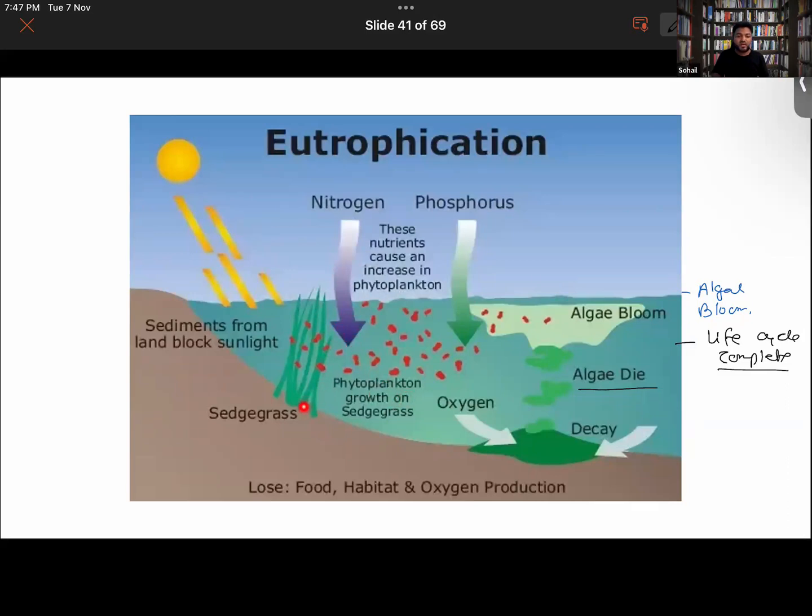And we know that there are aquatic plants also in the water body, and those aquatic plants perform photosynthesis using the sun's rays. Since they are not getting the sun's rays, they will not be performing photosynthesis, thereby they will also die, right? And all this phenomenon is called eutrophication.